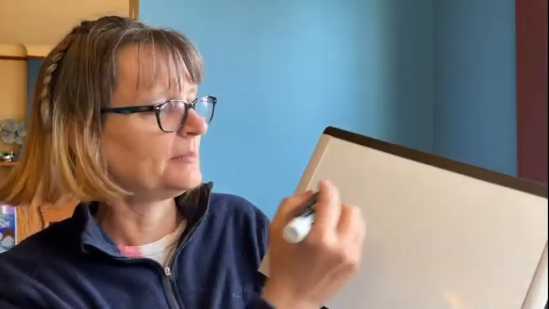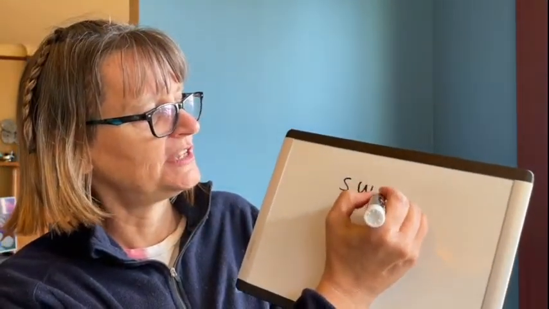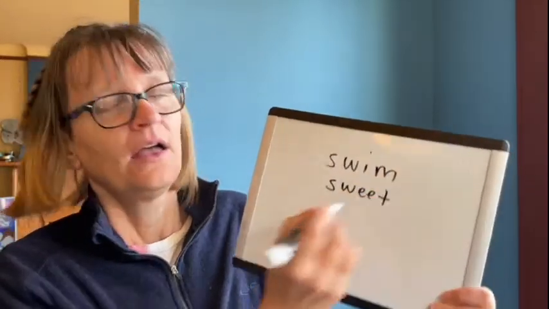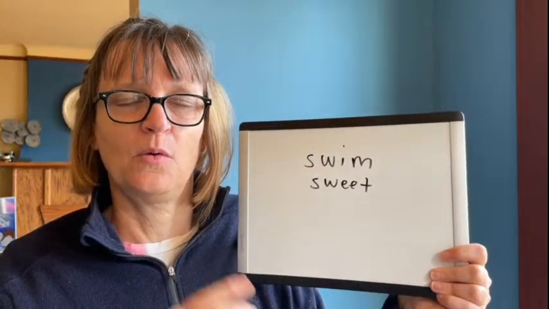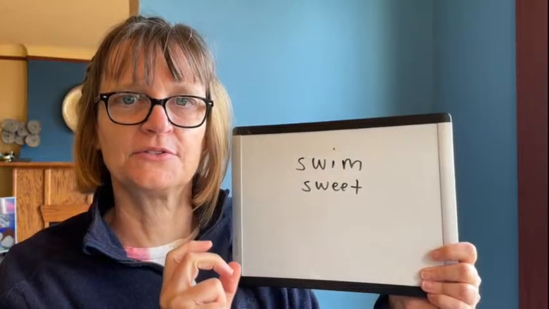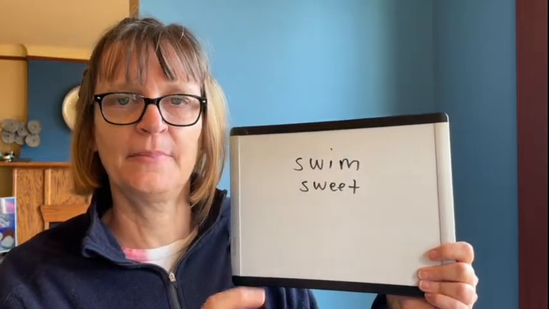Okay, we have a question about, is there an O sound between S and W in words like swim and sweet? So definitely not. And this is something that is challenging for some people where they want to, in a blend, make kind of a vowel like sweet or swim.